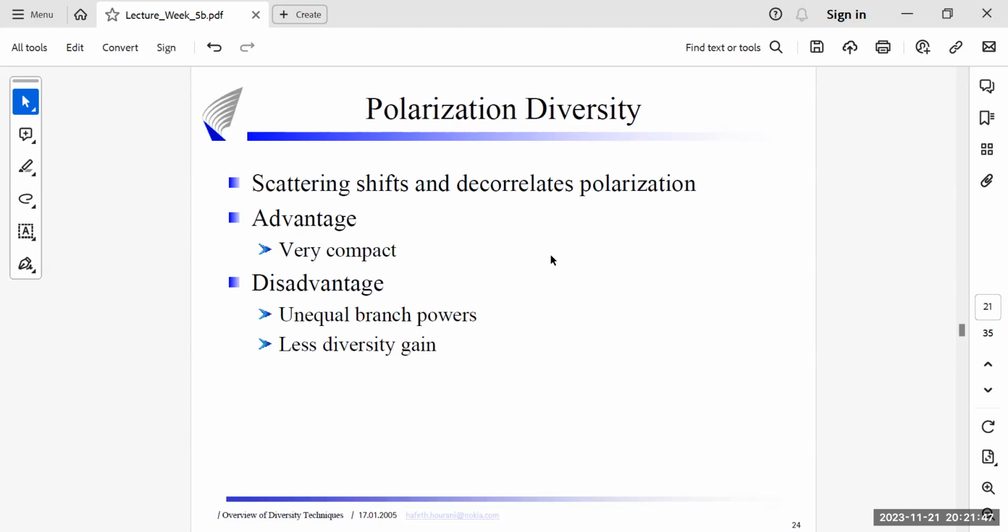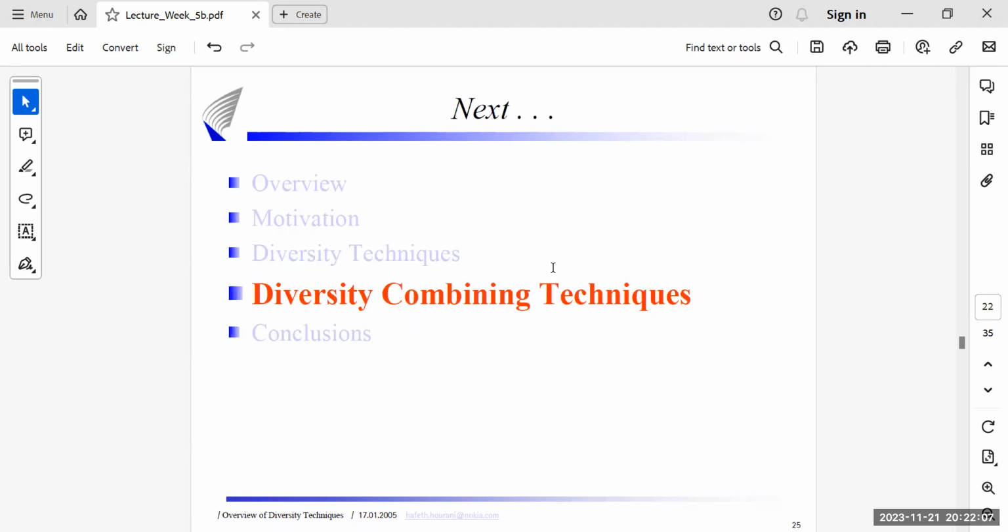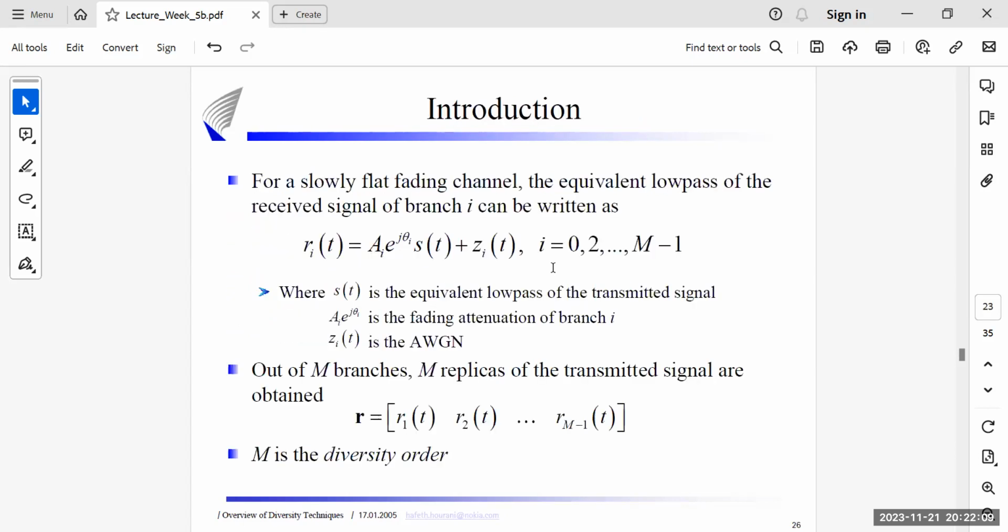You can, for example, transmit one signal at horizontal polarization and another at vertical polarization, or a signal at circular polarization. And there is also elliptical polarization. Obviously, that is a very interesting field, polarization. But in terms of polarization, you can again get the diversity. The next thing is the diversity combining techniques.